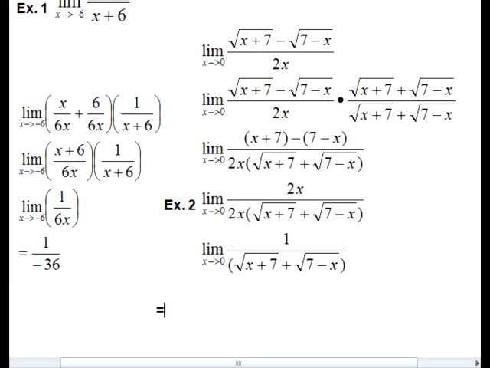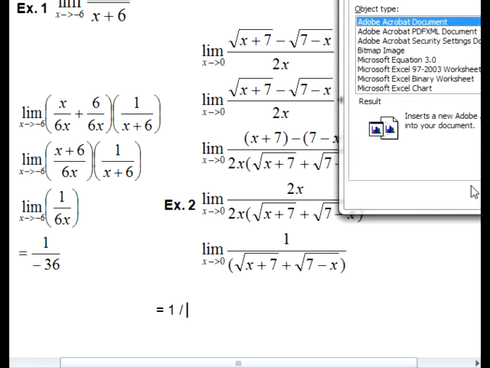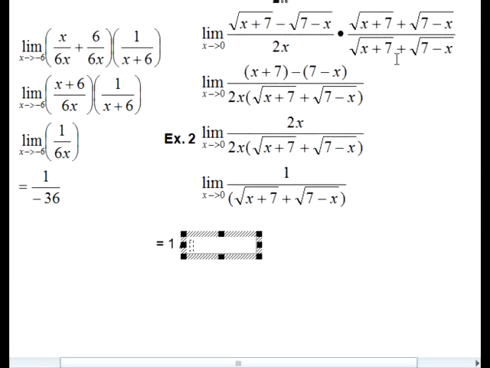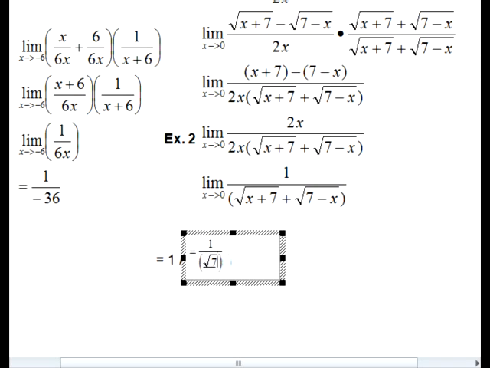That's just going to equal 1 divided by, sorry folks, let's turn it into a fraction here, 1 divided by the bracket, square root 7 plus.